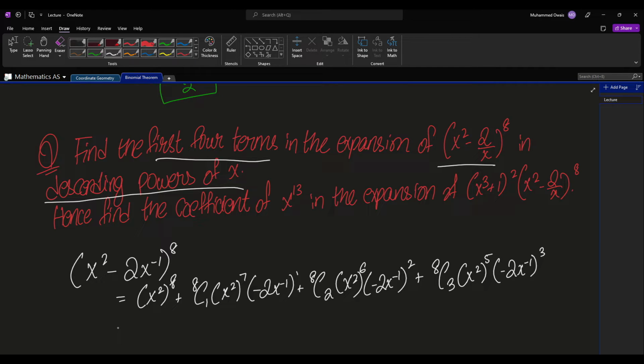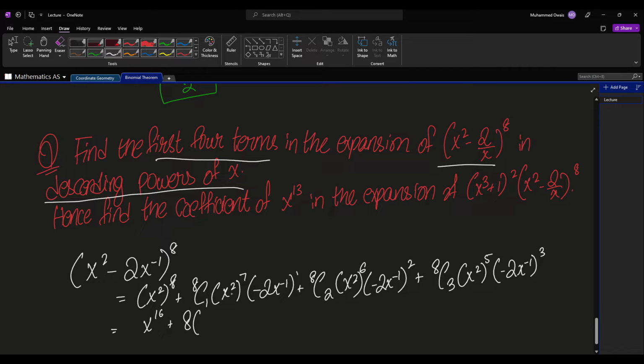So how am I going to solve this? Know that these are multiplying with each other. It is not squaring the power, it is not a power of a power of a power. It is basically multiplying the powers with each other. So 2 into 8 becomes 16, so I can write this as x to the power 16, and 8C1 is 8.